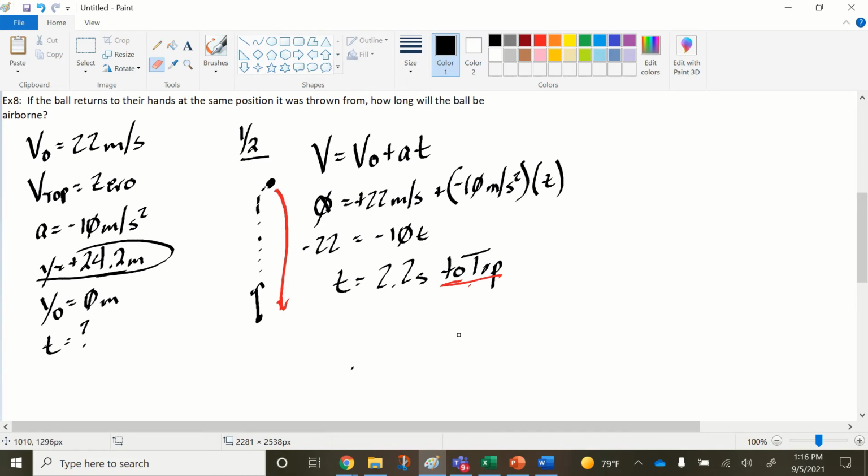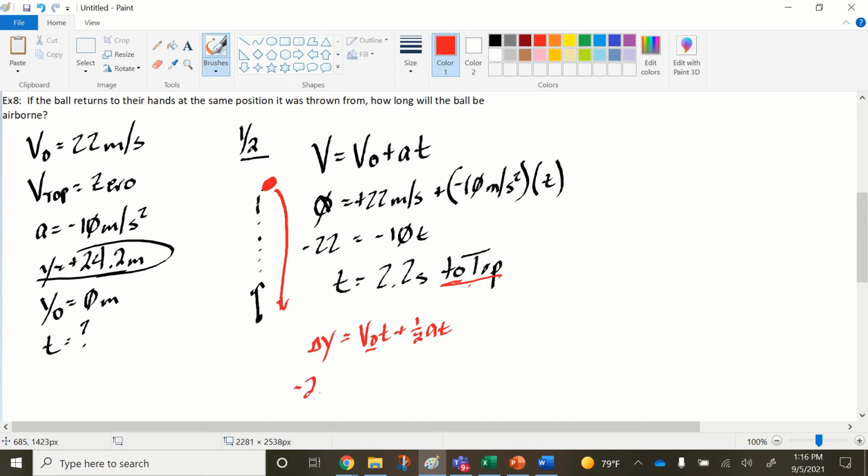If I'm just interested in its motion coming back down, then my velocity at the top being 0 is my initial velocity. And so I can take change in y is equal to v0t plus 1/2 at squared, that equation that I was using. And because my velocity at the top was 0, that term disappears.